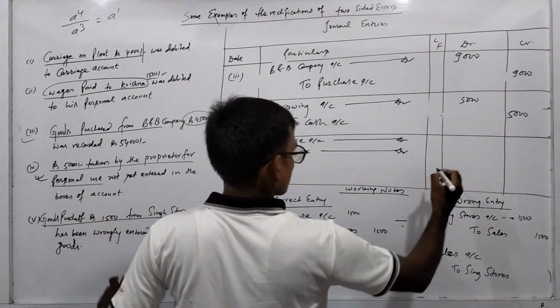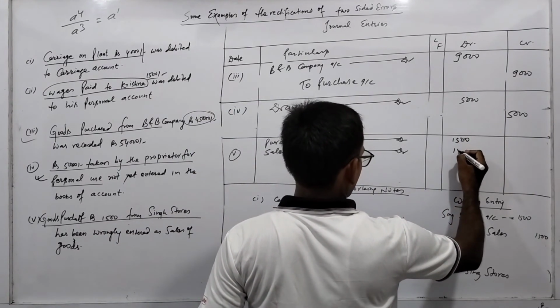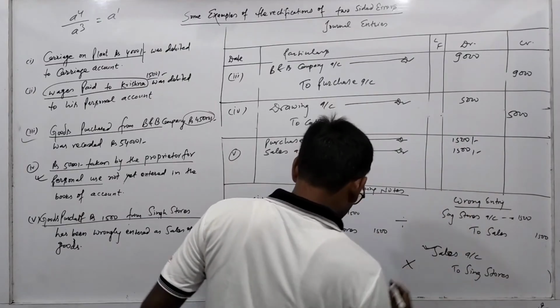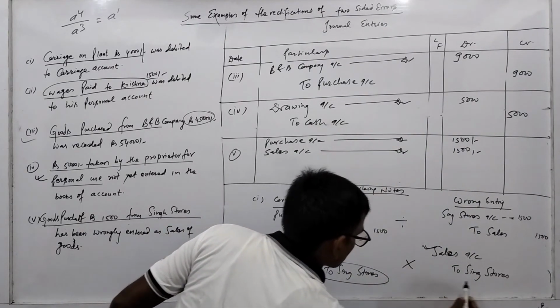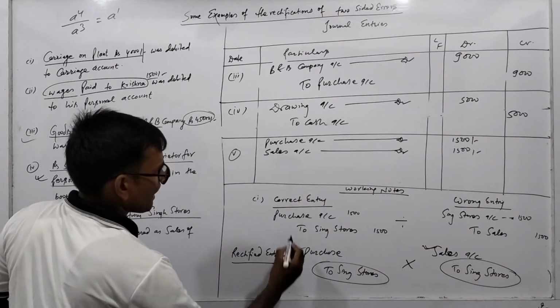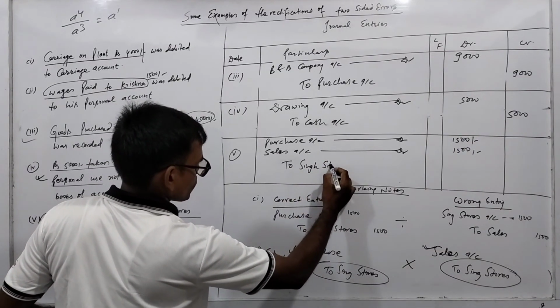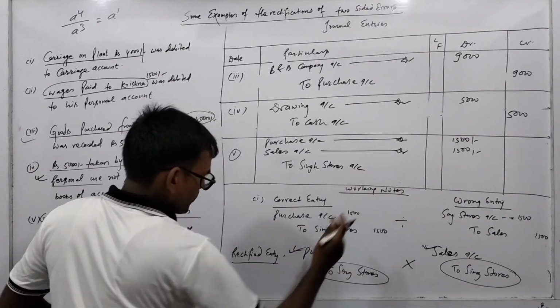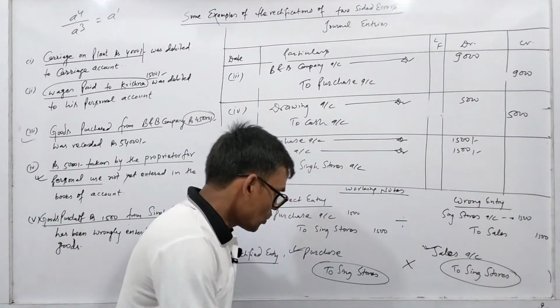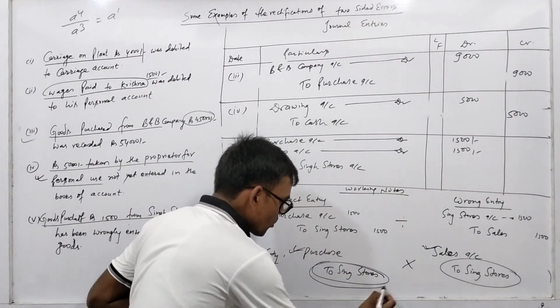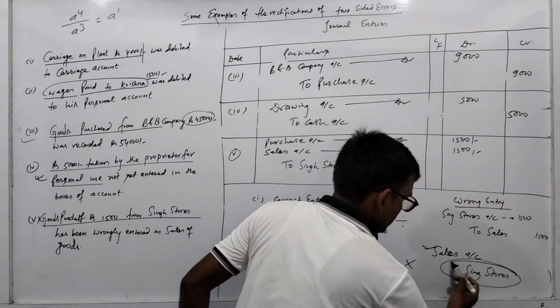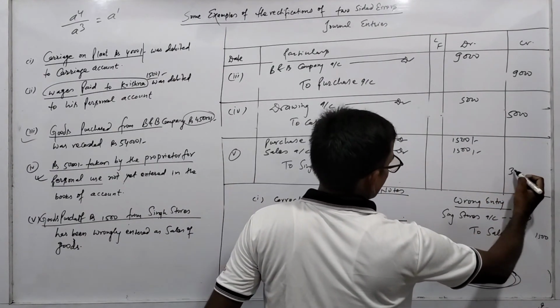Amount is 1,500. But here there are two Singh Stores accounts in credit side, so write two Singh Stores account, but the amount should be double. 1,500 for this account and another 1,500 for this account, and that will be 3,000.